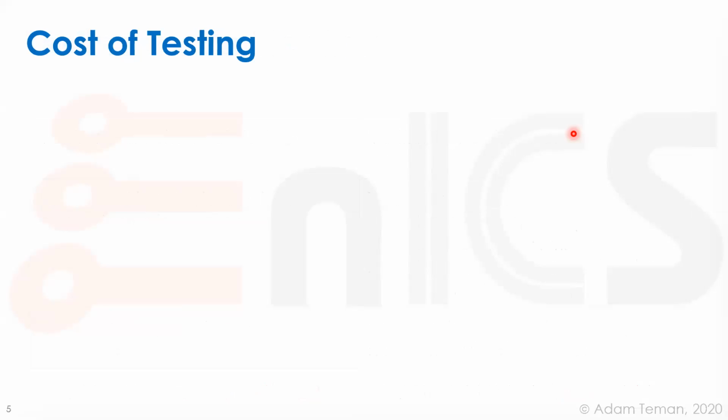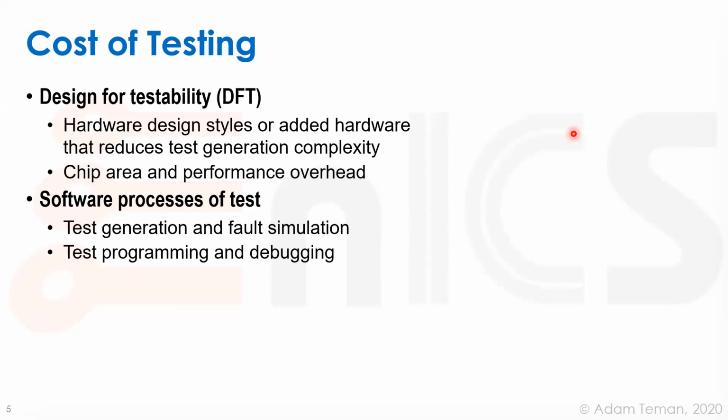When we discuss the cost of testing, we should take into account a couple of things. So on the one hand, we have the DFT, the design for testability, which we'll discuss in a whole section over here, but that's different hardware and things that we add to the actual chip that makes the test generation easier, and it makes the chip easier to test or even feasible to test.